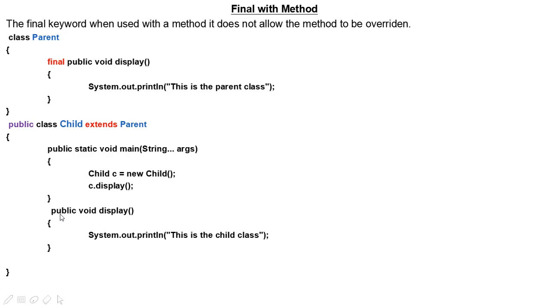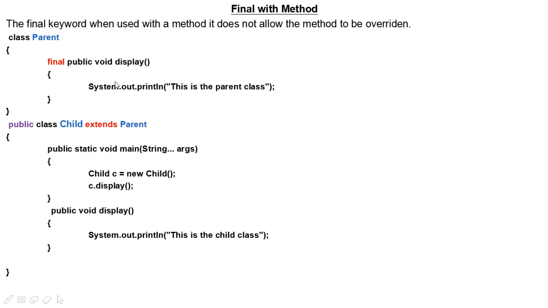But if the child class has a method with the same name and it tries to access the display method, so according to the concept of inheritance, the display method of the child class will have priority over the display method of the parent class.